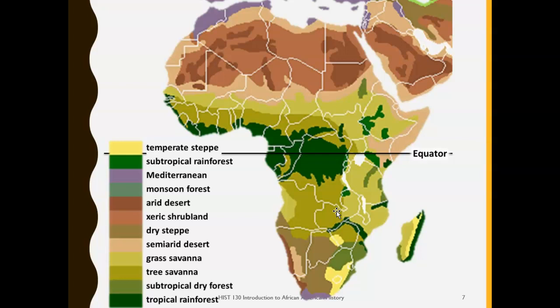The last climatic zone that we have to talk about is the rainforest. As you know, rainforest means dense forest with very tall trees. So that's limited to this area surrounding the equator. Many people have a wrong idea about Africa.